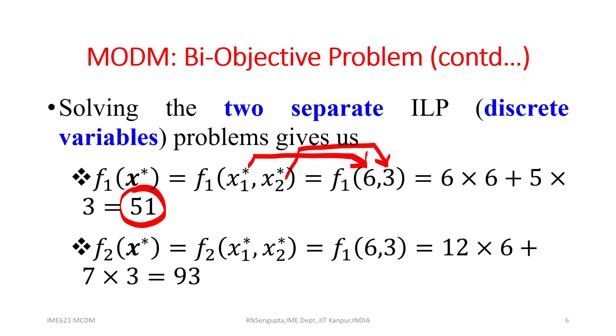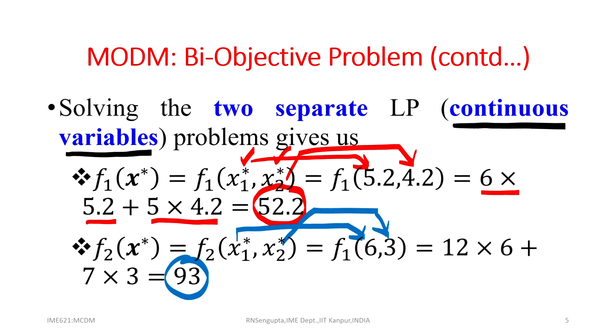Here it is 51. Now, when we again separately solve problem number 2, which is f2, the x1 star value comes out to be 6 and x2 star comes out to be 3. Luckily, this exactly matches the linear programming solution, because both methodologies gave the same answer, as coincidentally the decision variables are the same, 6 and 3.